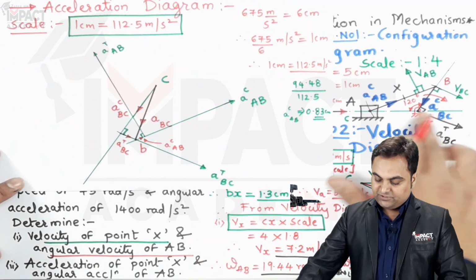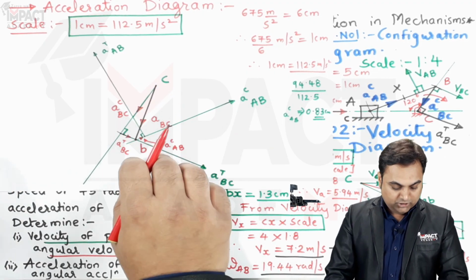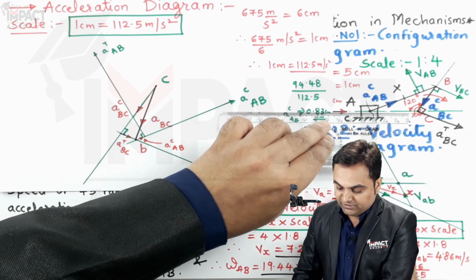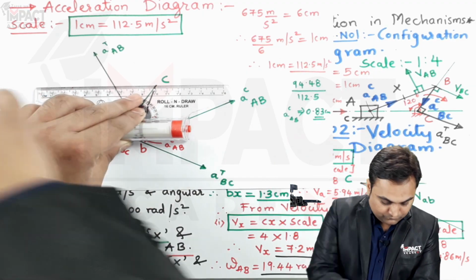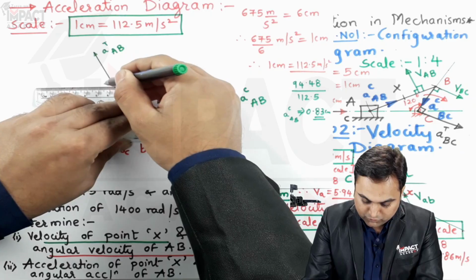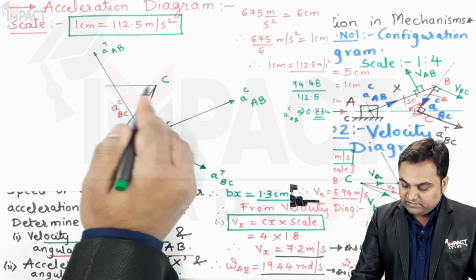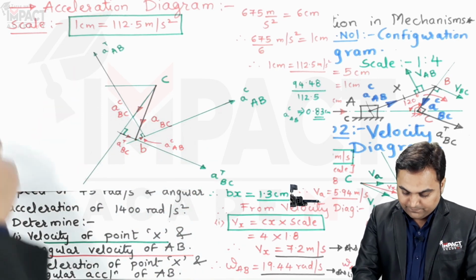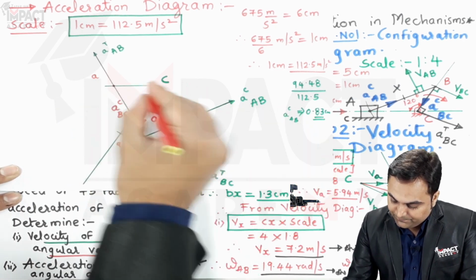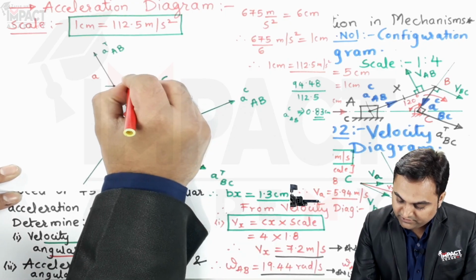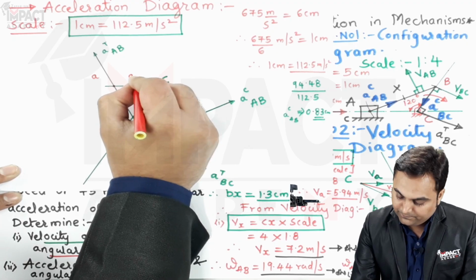And as the piston is reciprocating with respect to the fixed point C, so here we have fixed point C, and along the line of stroke its acceleration is horizontal, like the velocity was horizontal along the line of stroke. So plotting a light horizontal line from point C. Now wherever this line is cutting the tangential acceleration of AB, that would give me point A. Distance C to A would give me the acceleration for point A, or the acceleration of the piston.